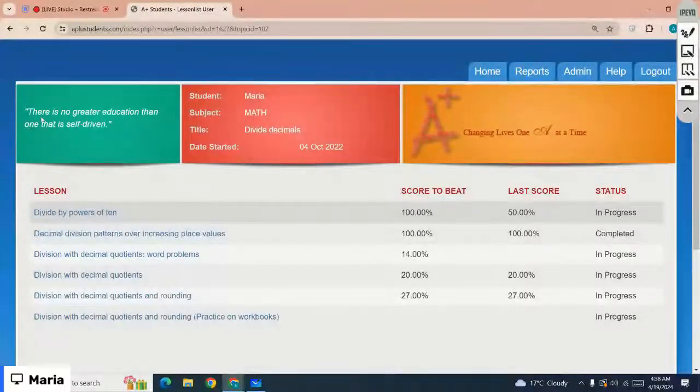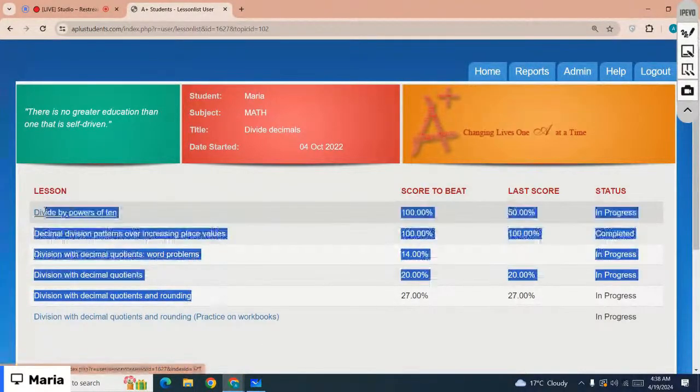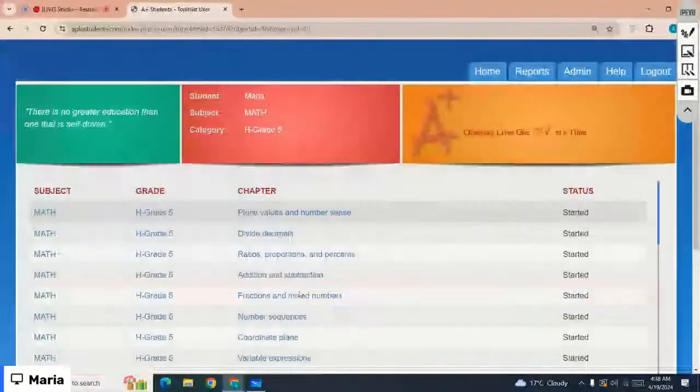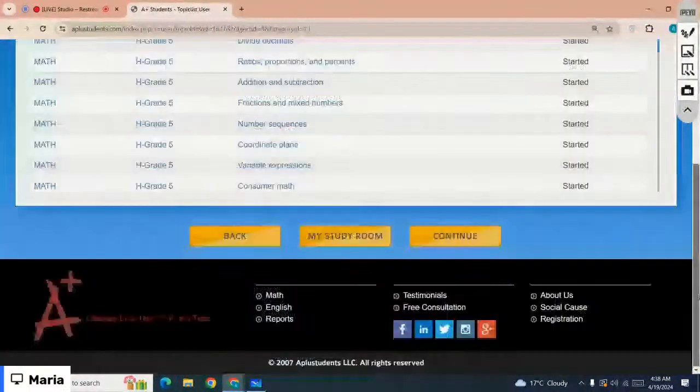The lessons we have covered today are divide by powers of 10, decimal division pattern over increasing place values, division with decimal quotients for problems you have to do on your own, division with decimal quotients, and division with decimal quotients and rounding. So please make sure before the next session you complete all the practice questions for the lessons we did today. That is a very important chapter, right? So try to do each and every question in your notebook.